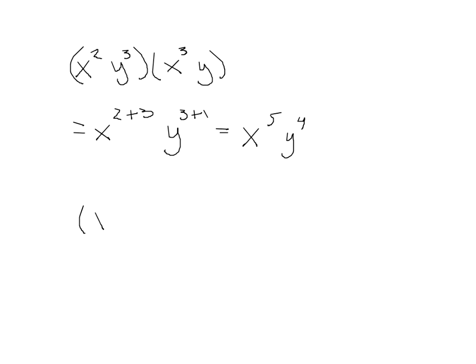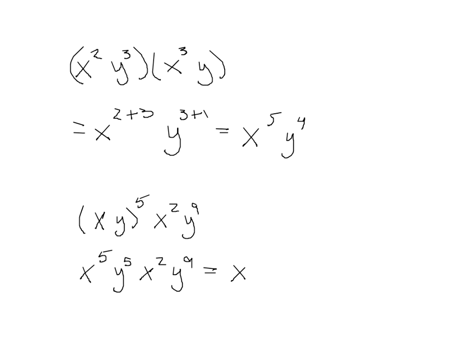I could have something like xy to the 5th times x squared y to the 9th. Okay, so from the previous slides, we get x to the 5th, y to the 5th, and then we still have x squared, y to the 9th.